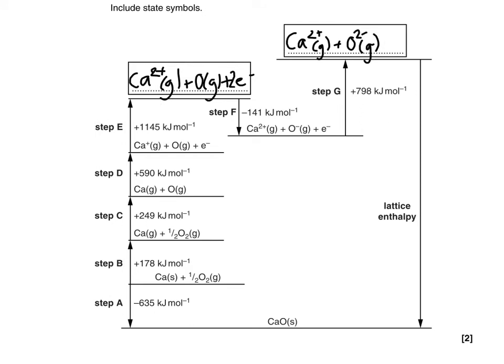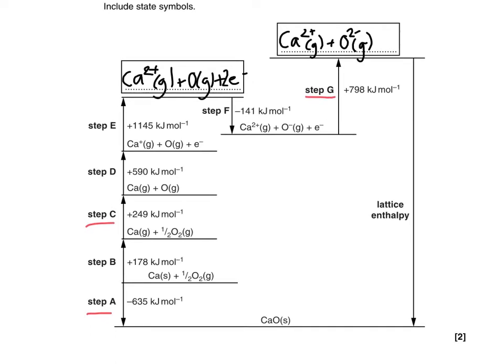So over the page, the next question's asking you for the enthalpy changes for A, C and G. So let's start with A. And we are going from calcium solid and oxygen gas to calcium oxide.